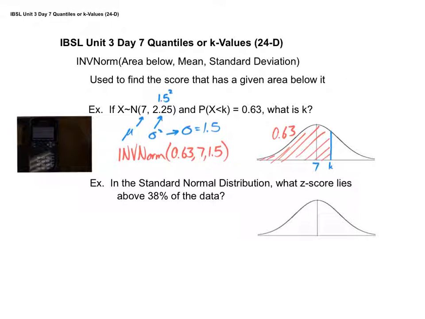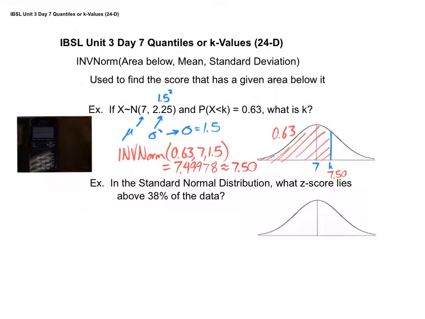So now I know that the value I'm looking for, 7.49778, or to 3 significant figures, 7.50. Okay, so 7.50 is the value that we're looking for. Okay, does that make sense?